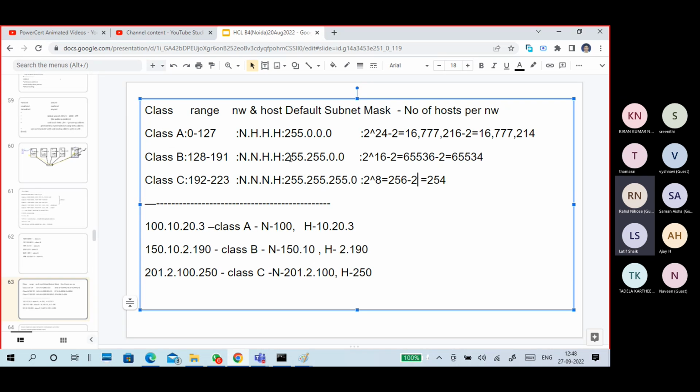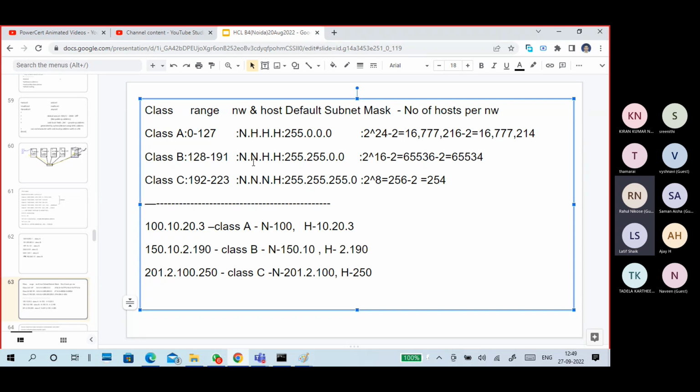So it's 2 to the power of 16 minus 2, which is 65,534 hosts per network.